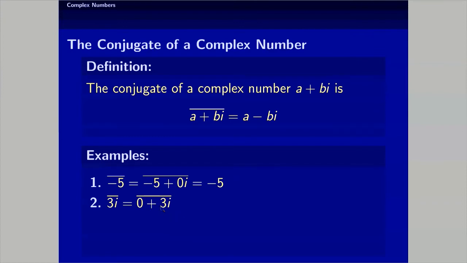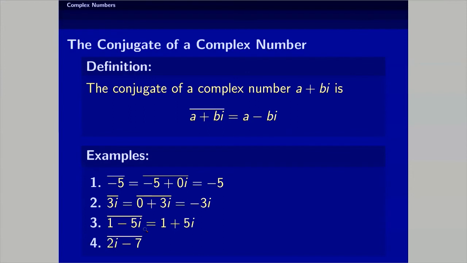So if it's plus 3i, what is its conjugate? It becomes negative 3i. Another example. What is the conjugate of 1 minus 5i? You simply change the sign of the imaginary part. So it becomes 1 plus 5i.